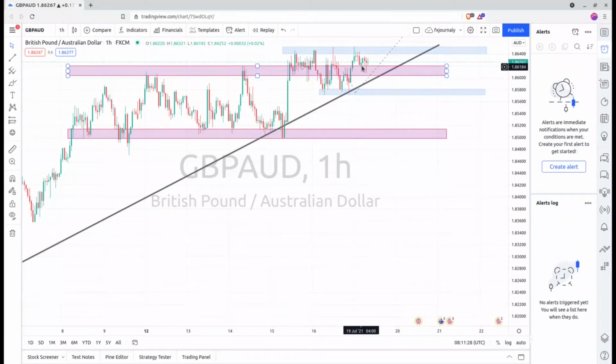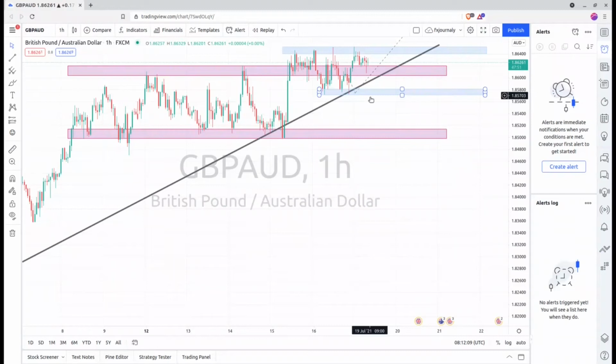Since then it's been kind of in a downward trend, and what I expect price to do is to try to go back and retest this support area. Now, is it going to go all the way into the support area, or even spike below it? That's anybody's guess.